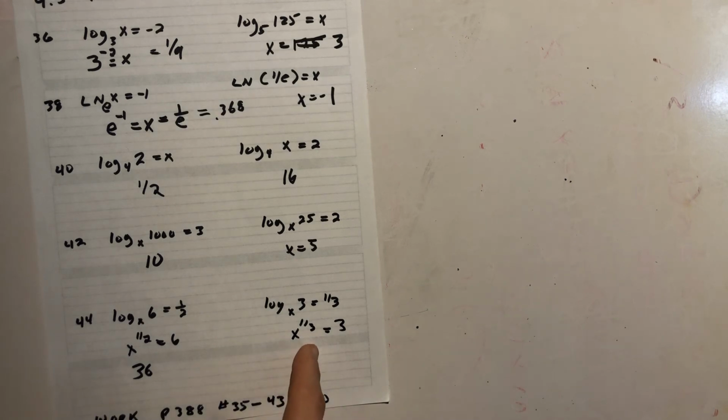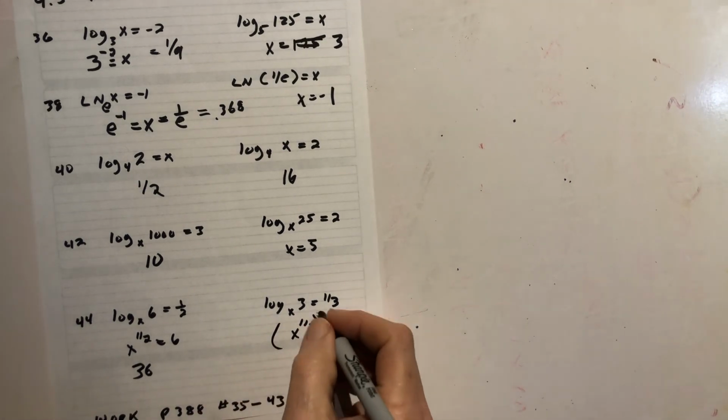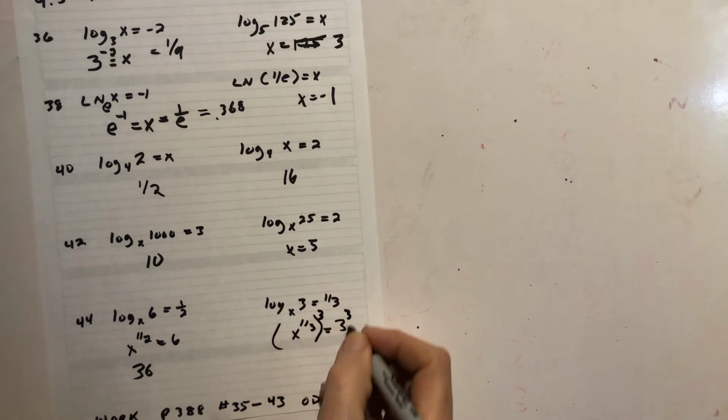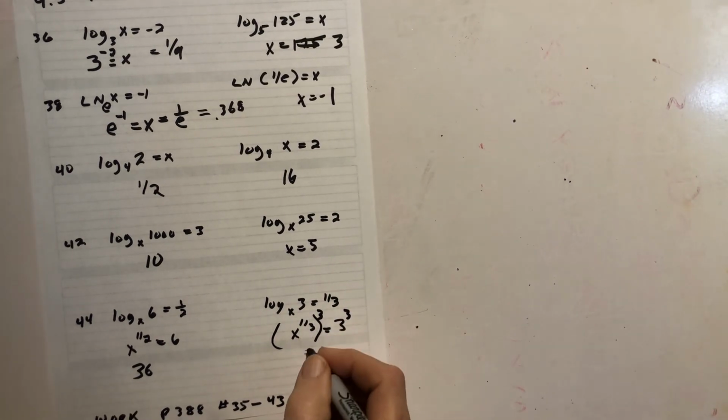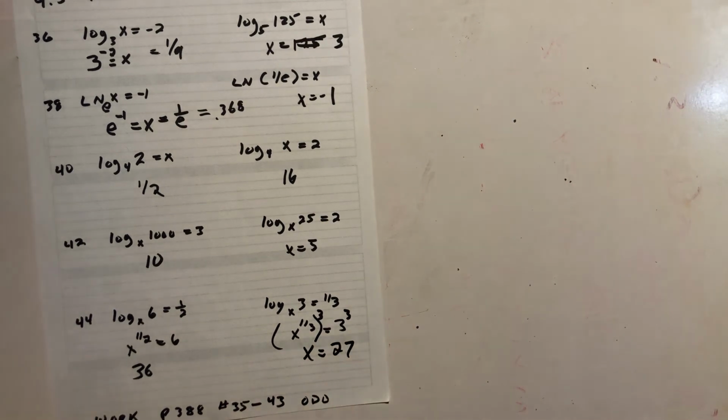To get rid of the 1/3, you have to cube both sides. So you have to cube this and cube this. The 1/3 and the 3 cancel, and 3 cubed is 27. That was a bit tricky.